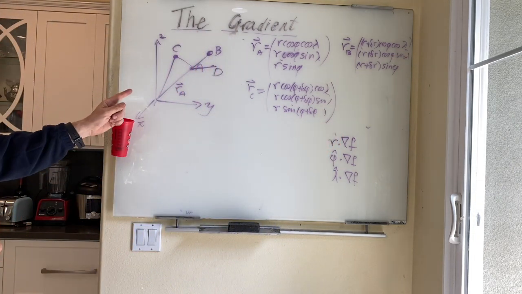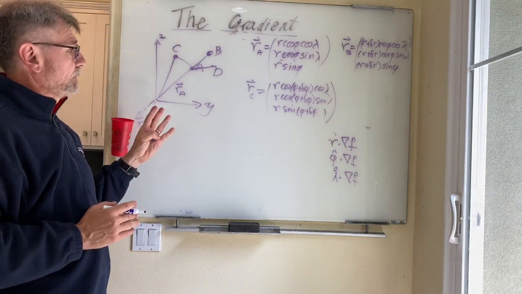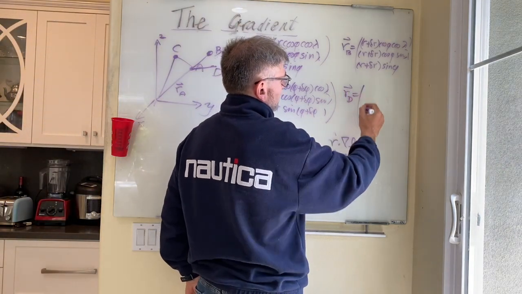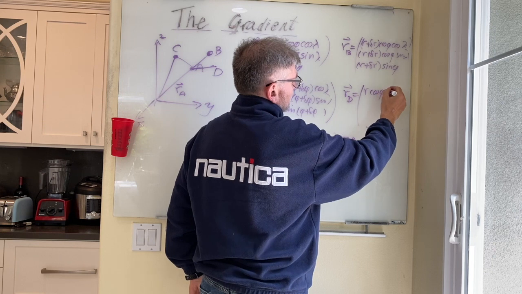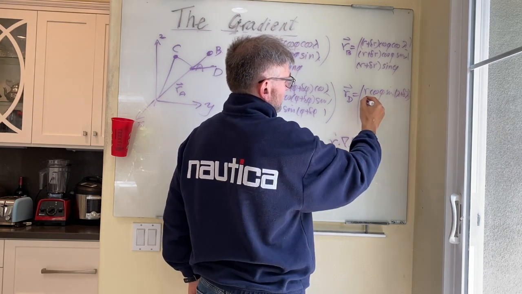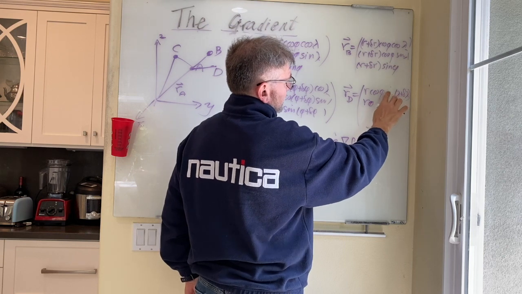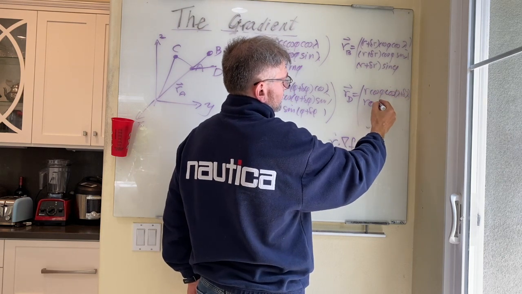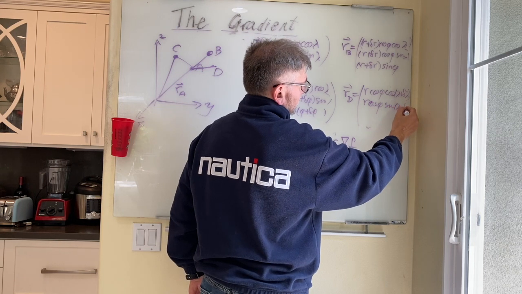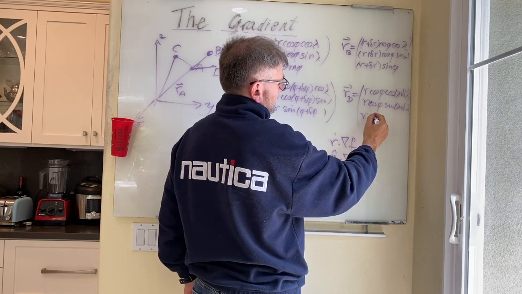And finally, the point D, I will perturb lambda. So RD will be r cos phi cos(lambda plus delta lambda), r cos phi sine(lambda plus delta lambda), and r sine phi.